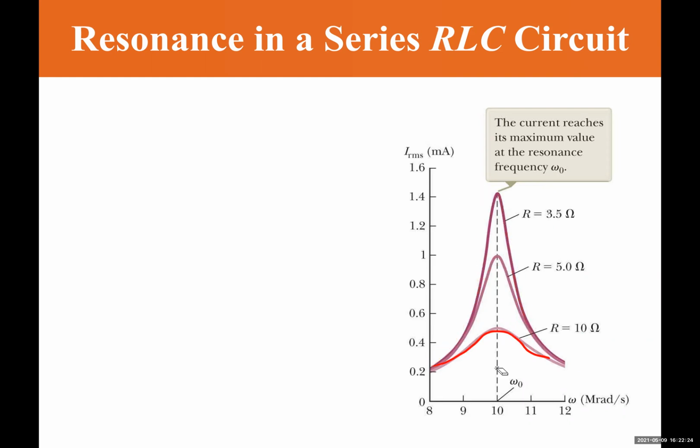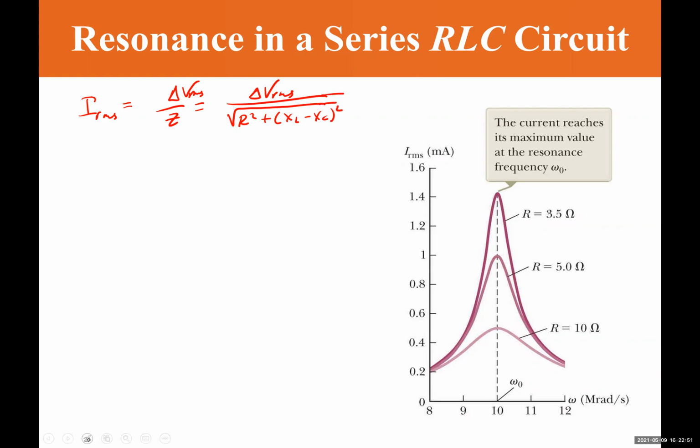If we look again at the equation for the RMS current, this was equal to delta V divided by the impedance, so delta V RMS divided by the square root of R squared plus (X sub L minus X sub C) squared.